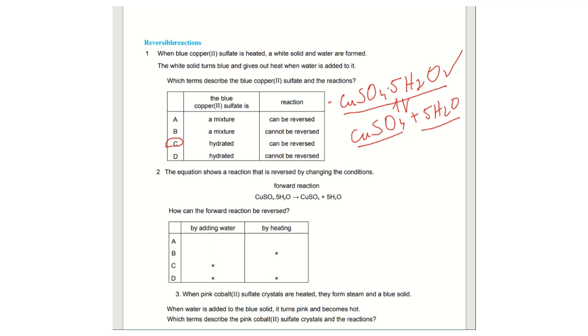The equation shows a reaction that is reversed by changing the condition. How can the forward reaction be reversed?